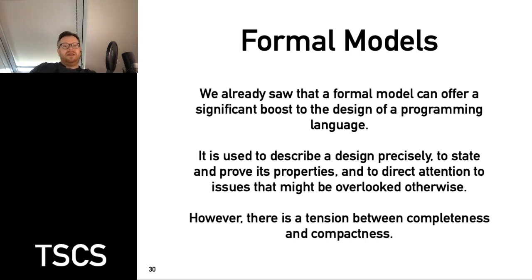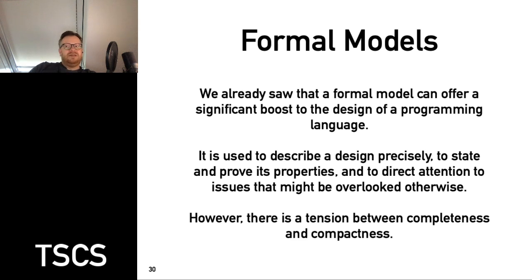And in any formal model, be it for a programming language or anything else, there's always a tension between completeness and compactness. You want it to be complete, of course, because you want to represent the full, actual world. And we've seen that for subtyping and algorithmic subtyping, where we actually had a proof for completeness and so on.